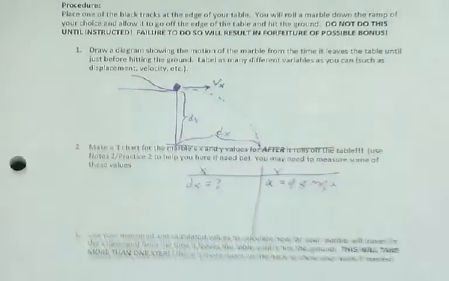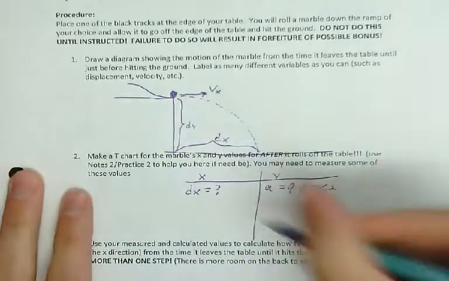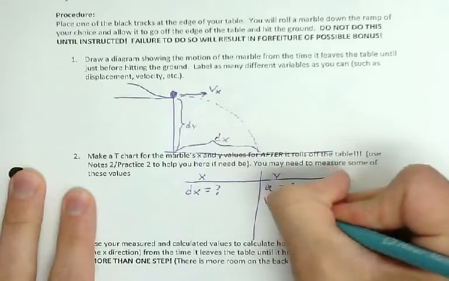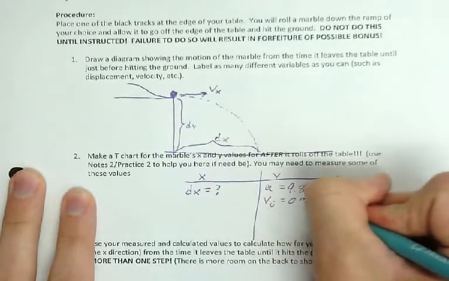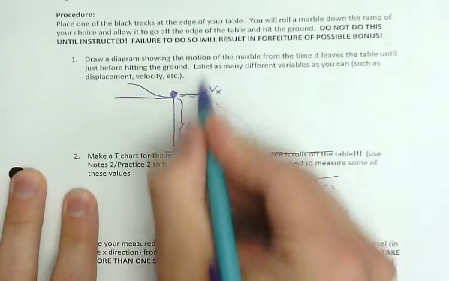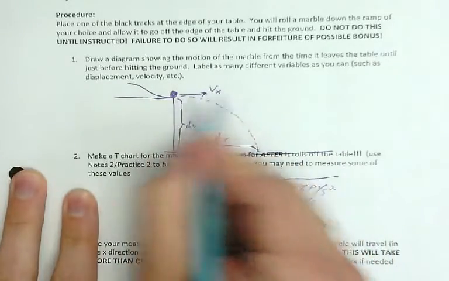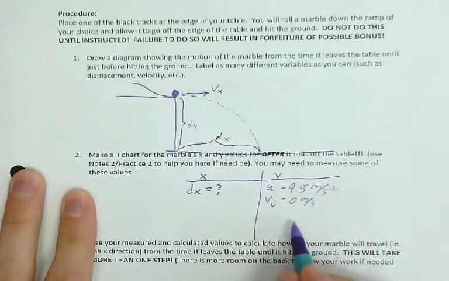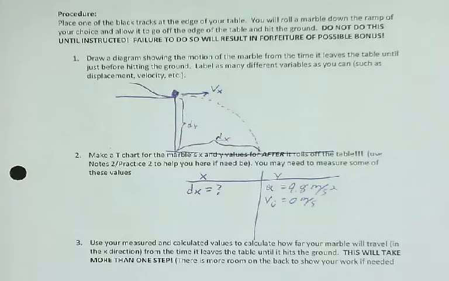Okay, what else? Cadence. Yes, the y initial velocity is 0 because it's going in the x direction to start, not in the y. So it's not going up and down, it's going forward. So the initial y would be 0. Good. Okay, are there any other numbers that we just know off the top of our head?